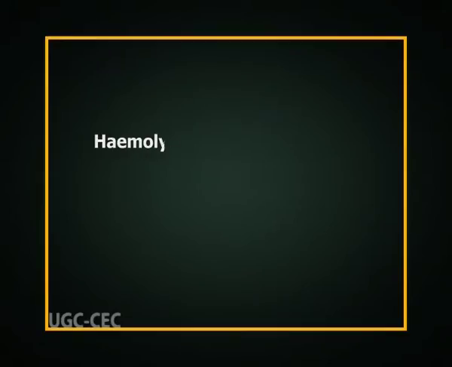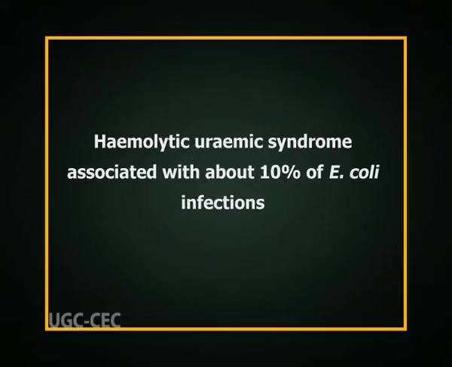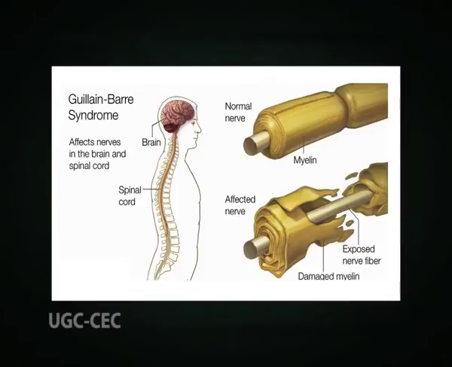Some foodborne infections can develop severe complications, such as hemolytic uremic syndrome, associated with about 10% of E. coli infections, or the neurological disorder Guillain-Barré syndrome that follows about 0.1% of Campylobacter infections. Some groups of people are particularly susceptible to the more serious consequences of foodborne disease.